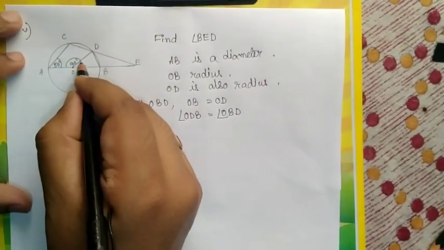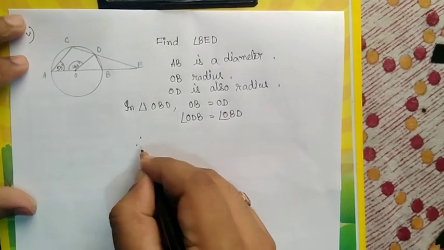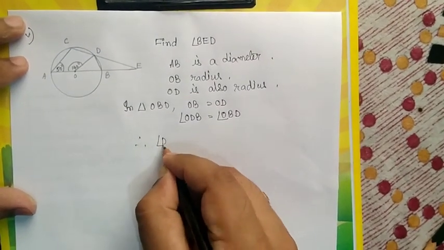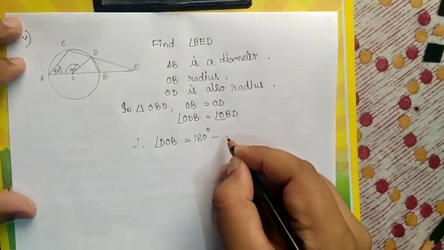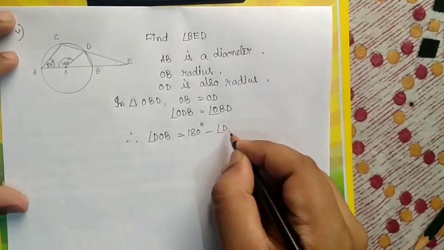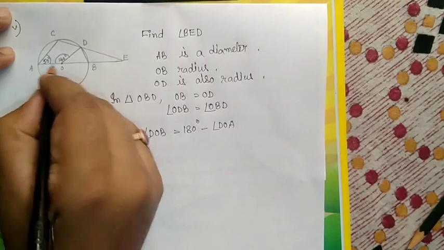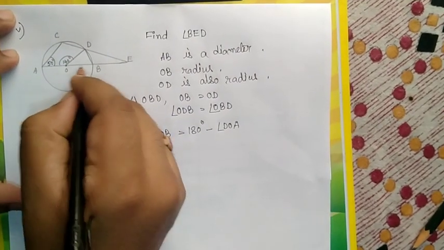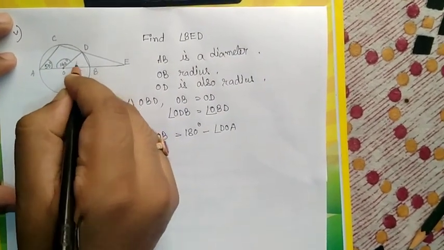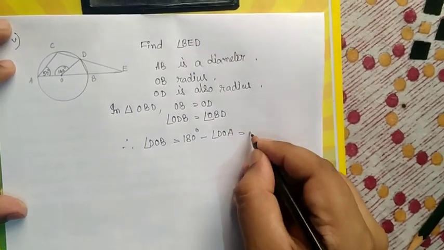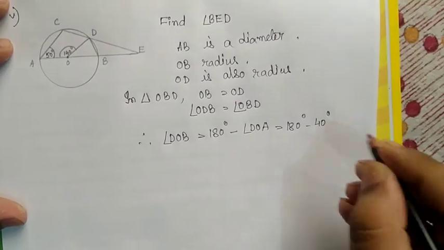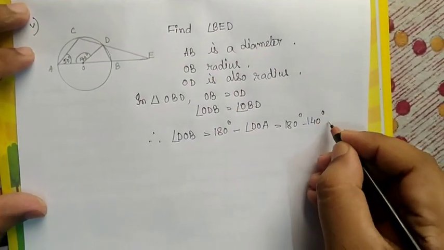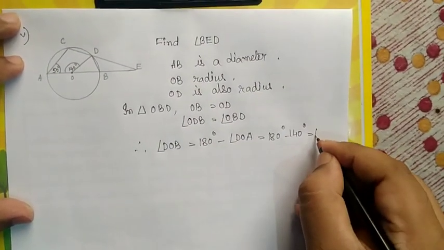Now angle DOB equal to 180 degree minus angle DOA. Why? Because this is a straight line and the angle of this straight line is 180 degree. So therefore 180 degree minus 140 degree equal to 40 degree.